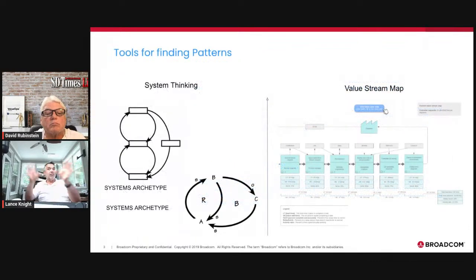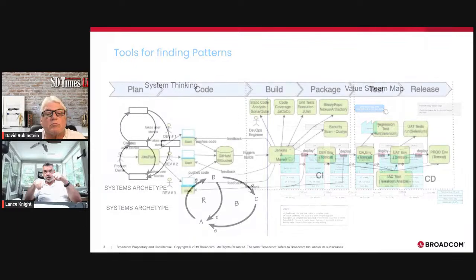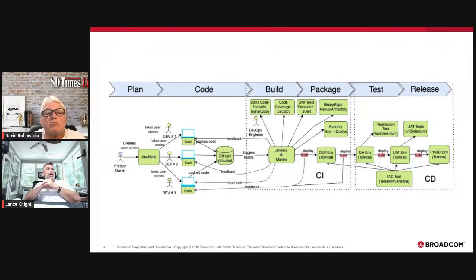And I often talk about these two things here, where I can use systems thinking and value stream mapping to look at where my bottlenecks and constraints are. And if you use those together, a systems architecture, system map, or even a causality loop as you're looking for feedback loops and so on. And what's really fascinating is that once you start to use these tools, you start to realize that it can get kind of chaotic.